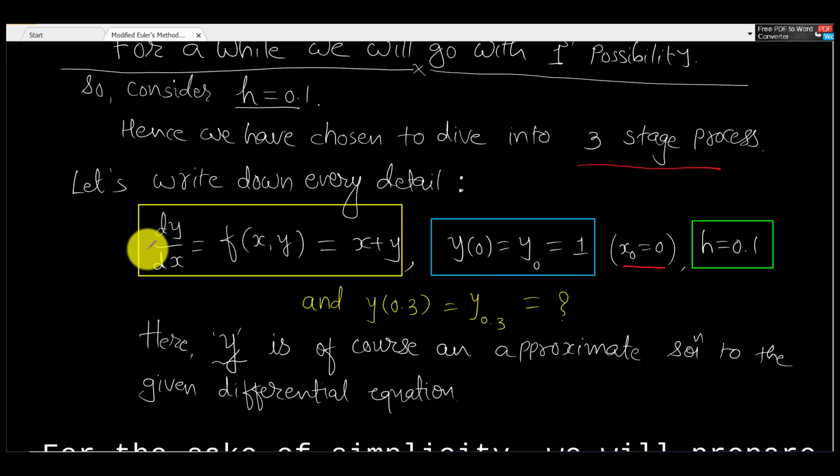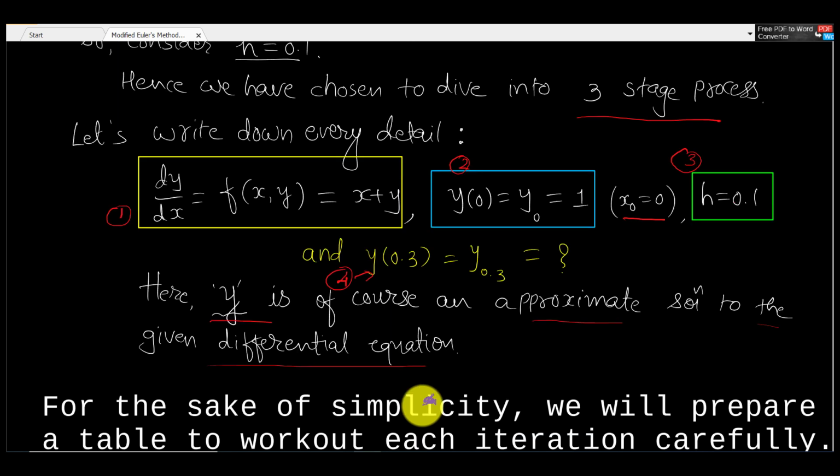Okay, so basically I am just noting down: this is my first thing, second thing, third thing, and this is my fourth thing. Fourth thing is nothing but a target. Okay, so here y is of course an approximate solution to the given differential equation, right? So this is the thing that we have done so far.